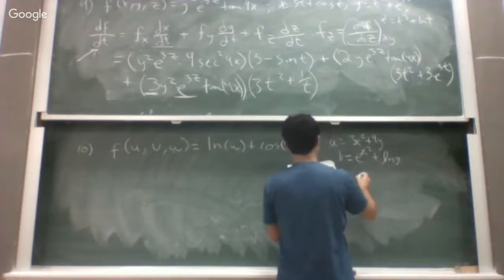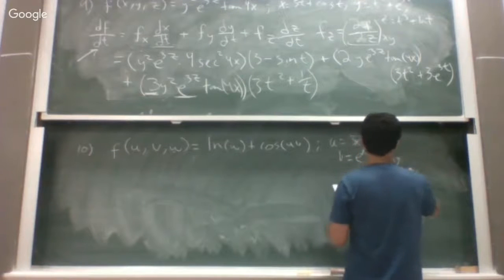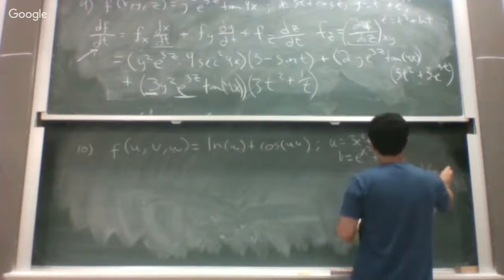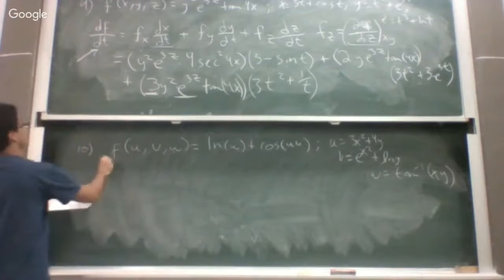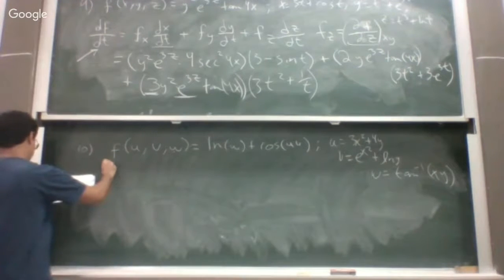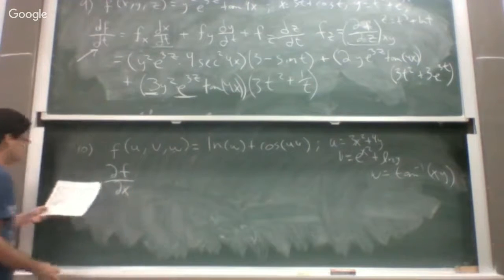So they are now functions of two variables. And w is tangent inverse of xy. But we want just the partial derivative with respect to x.